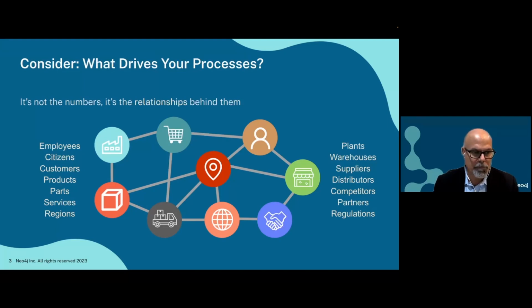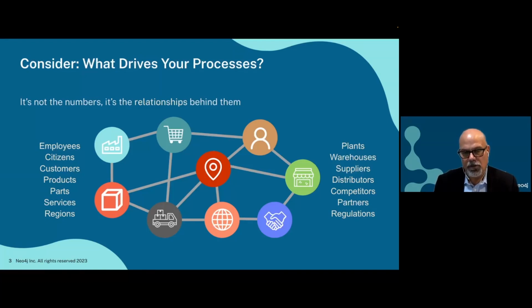So, for example, in your organization, you've got employees, customers, parts, products. You're operating various services across different regions. Some of your capital investments will include things like plants and warehouses. You'll have suppliers and distributors. Obviously, you've got competitors. You'll probably be working through some kind of partner ecosystem.